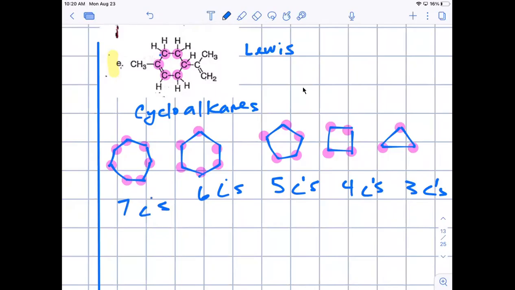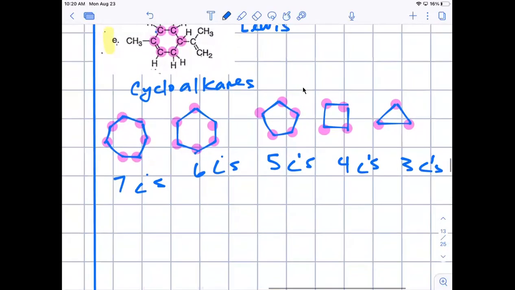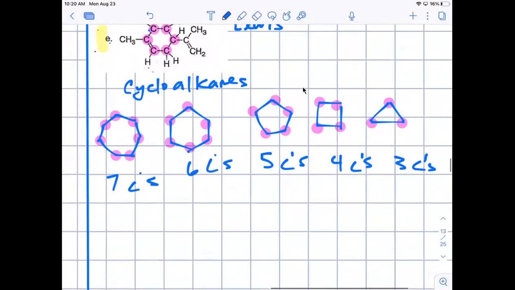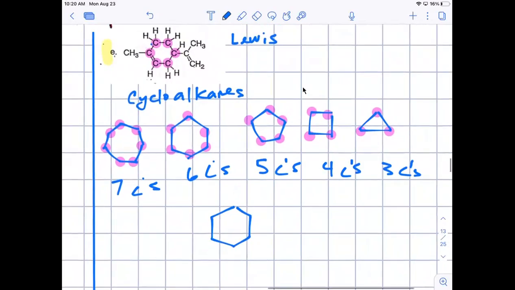So that compound up top, limonene, is going to have a 6-membered ring like so. Then attached to that ring, we're going to have a double bond, which looks like this. We're going to go back and explain everything too.